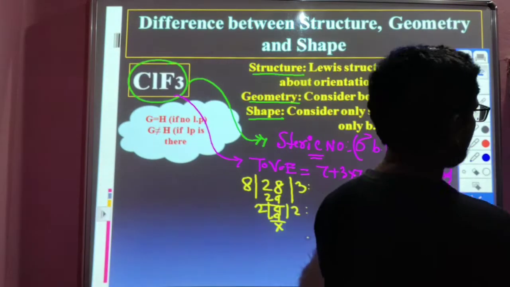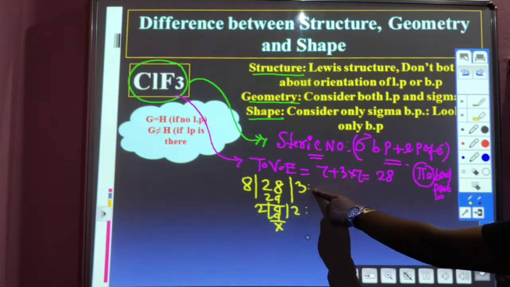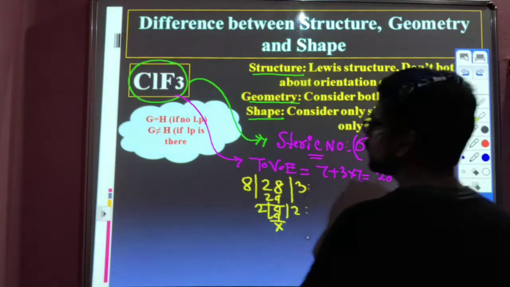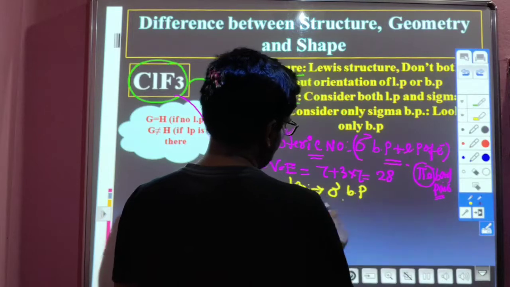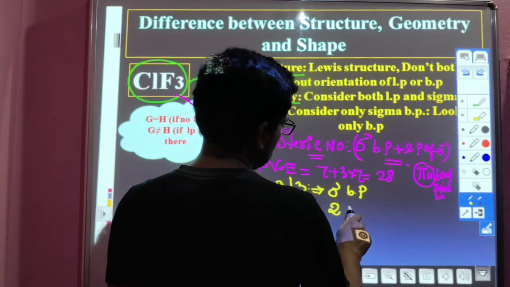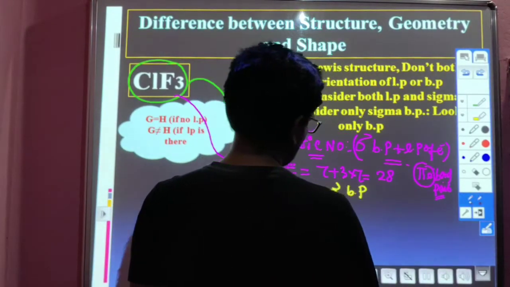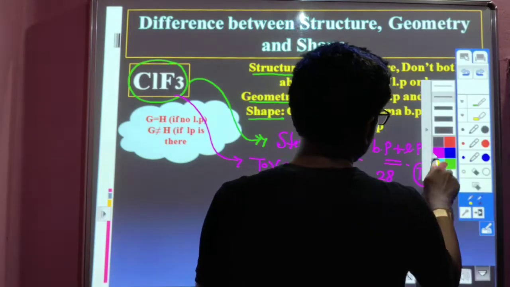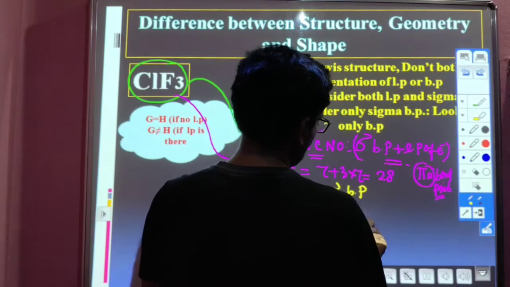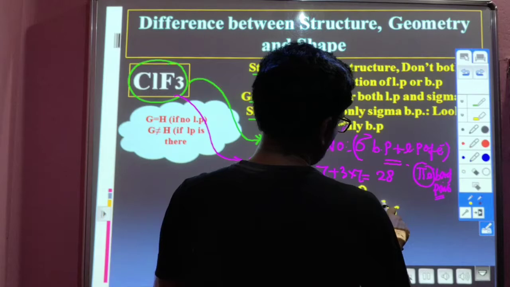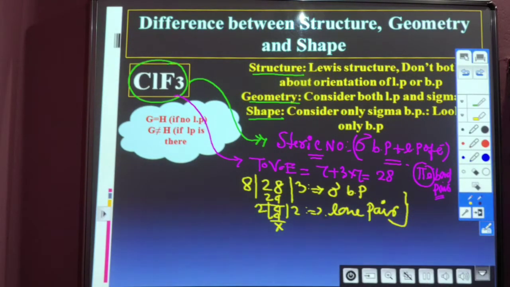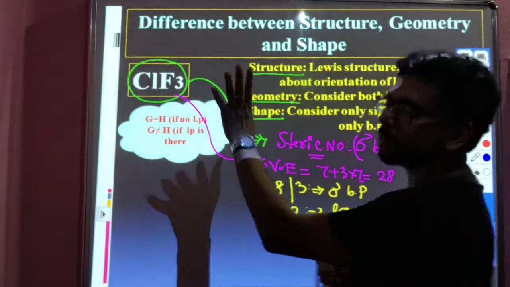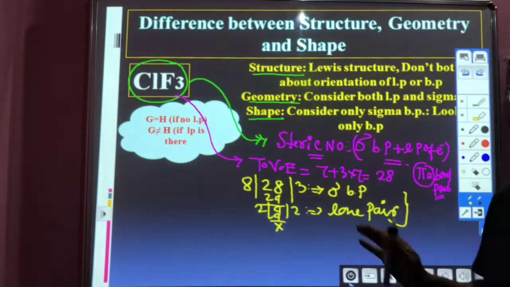Okay, this is basically sigma bond pair. This value will give you sigma bond pair, and this will give you lone pair, right? So sigma bond pair আর lone pair আমি পেলাম, এখানে কোনো pi bond pair নেই, that I know.